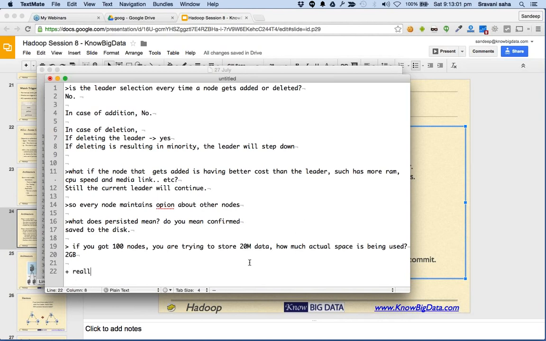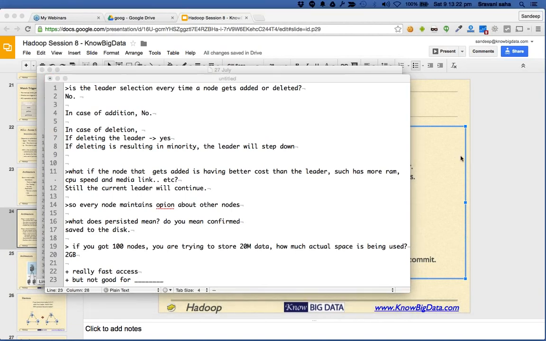that also means really fast access, but not good for anyone. What is it not suitable for, this database, this Zookeeper? Correct.